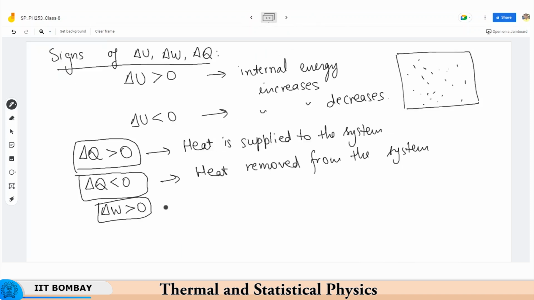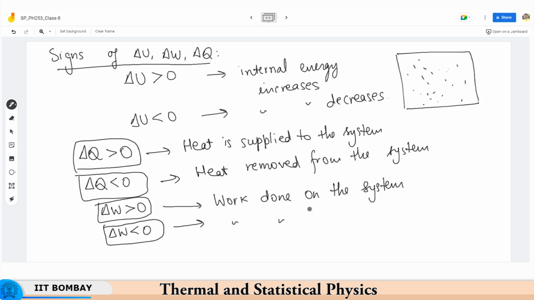So delta W positive means work done on the system, and if delta W is negative, that means work done by the system on the universe. So these signs are important.